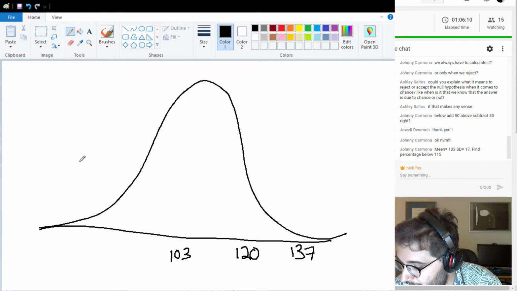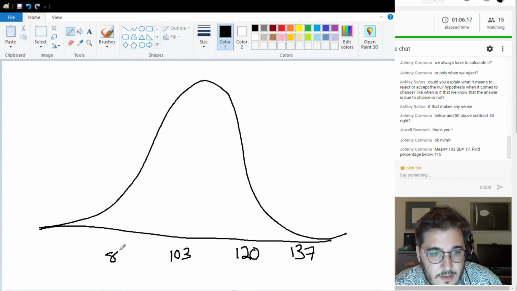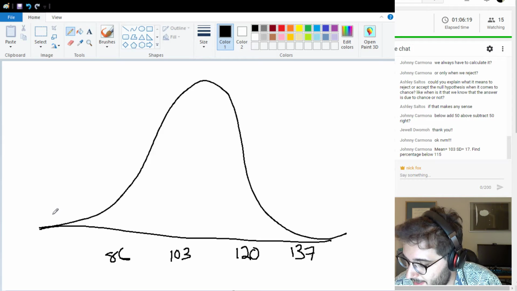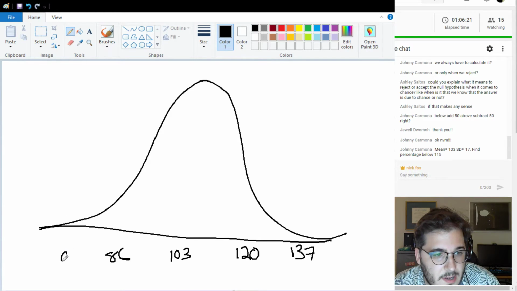So let's use the calculator. 103 minus 17, 86, and then 86 minus 17, 69. Right, so this is like a negative 2z, this is negative 1z, this is 0z, this is 1z, this is 2z.